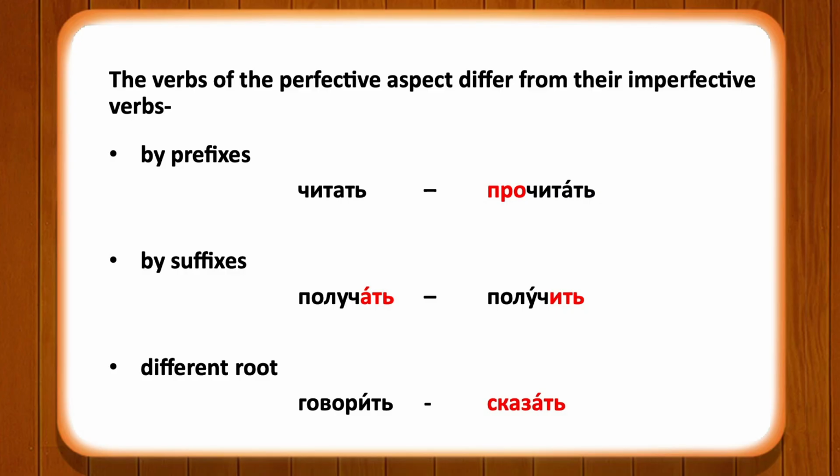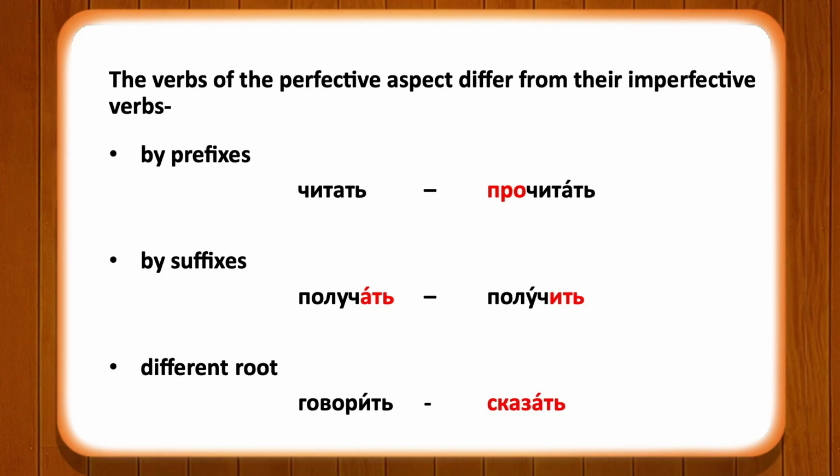What are the prefixes? Prefixes are a group of letters or an affix which is put before any word. In this case, it is a verb, so the group of letters that you put before the verb are called prefixes.